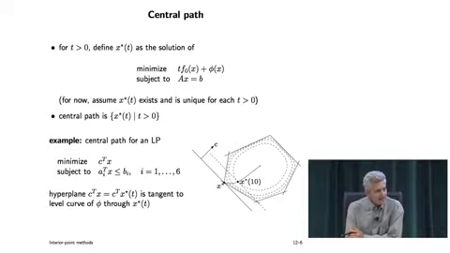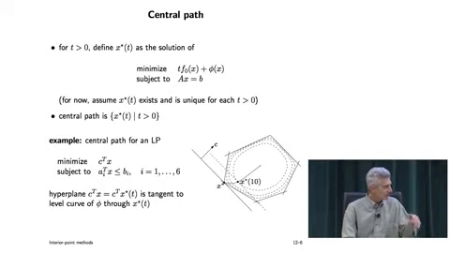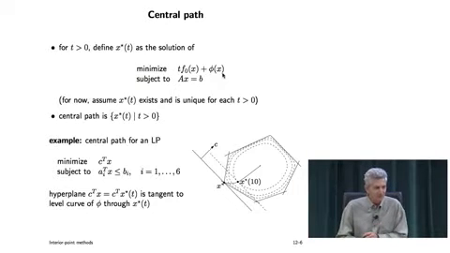So if I take a problem and I minimize, by the way, we were minimizing f0 plus phi of x. It's the same thing as minimizing t f0 plus phi. Why do we do that? Because the self-concordance analysis will work out better later. But it doesn't matter. In fact, most people put the 1 over t there, and by the way, they call it kappa too.